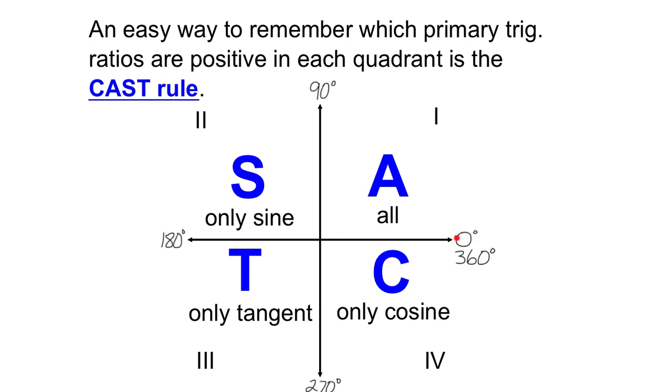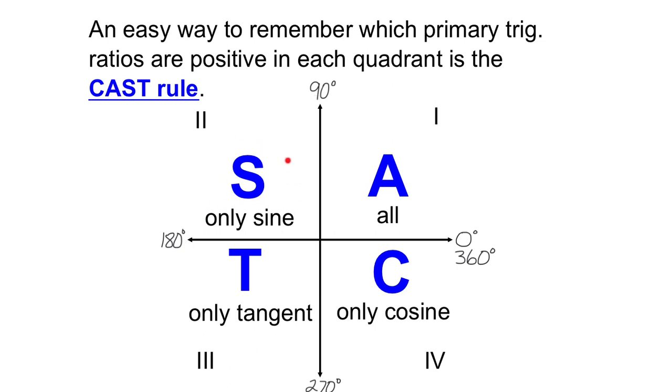Now remember, the angles start here on the x-axis in the positive direction. That's 0 degrees. When you increase counterclockwise, 90 degrees, 180, 270, back to 360, that helps you figure out what quadrant you're going to be in. So for example, if I wanted to know the sine of 107 degrees, well, 107 is between 90 and 180.